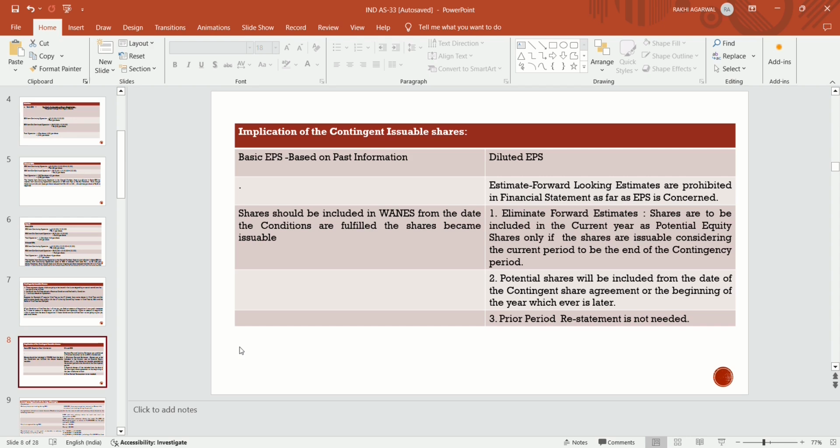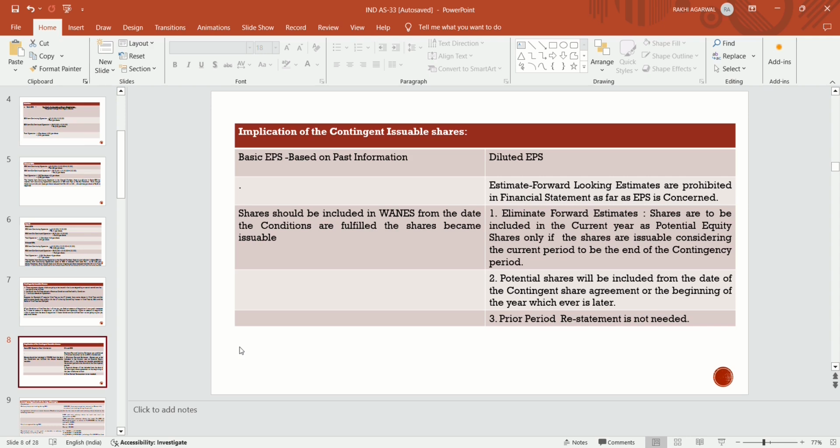Shares are to be included in the current year as potential equity shares only. If they have a potential to convert into shares, that element is to be included only if the shares are issuable, considering the current period to be the end of the contingency period, and the potential shares will be included from the date.